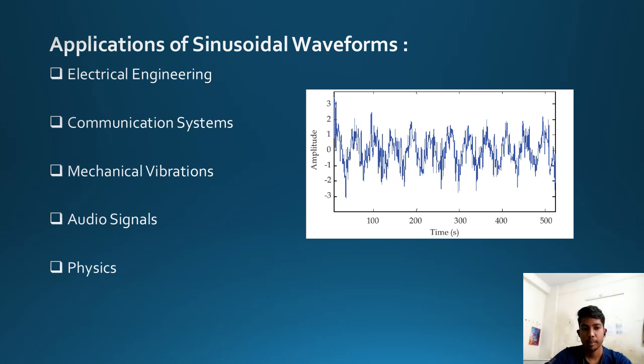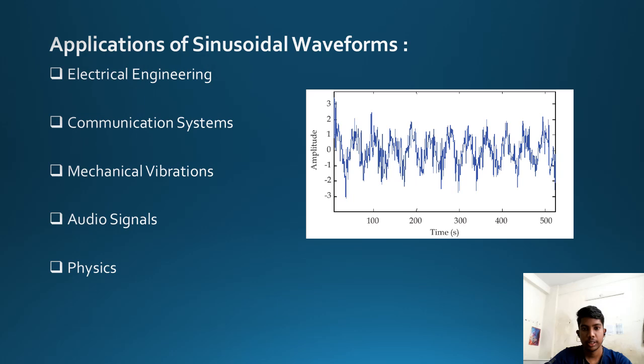Modulation and demodulation is another example of sinusoidal waveforms in communication systems. Sinusoids form the basis for transmitting and receiving data in analog and digital format.